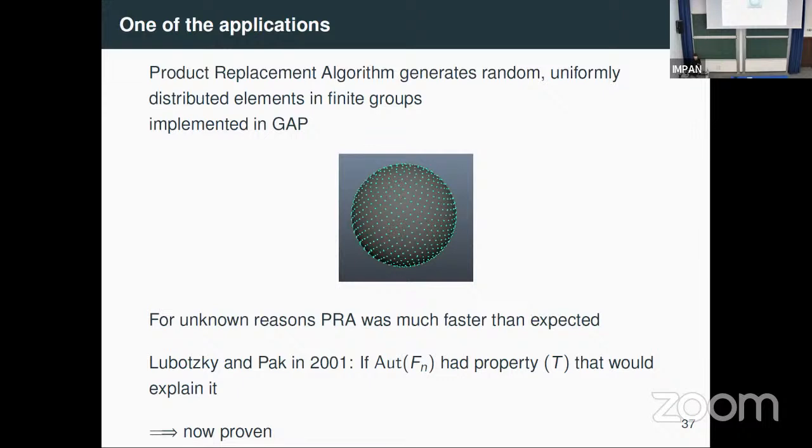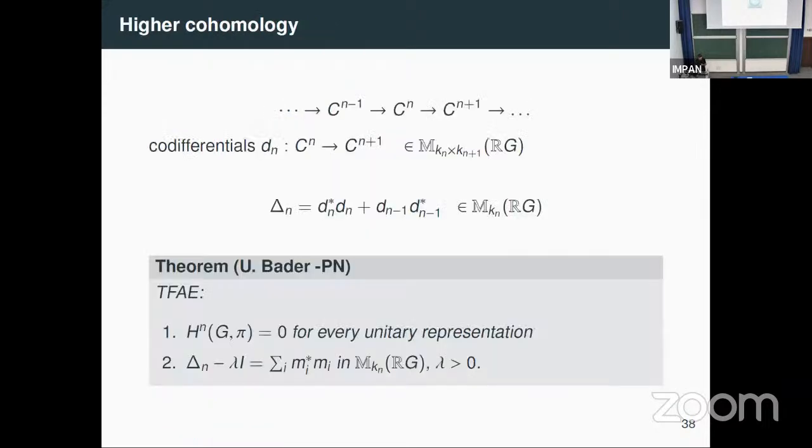This is what they proved, and one of the consequences of property T for Aut(Fn) is that now this is explained. This explanation actually holds.